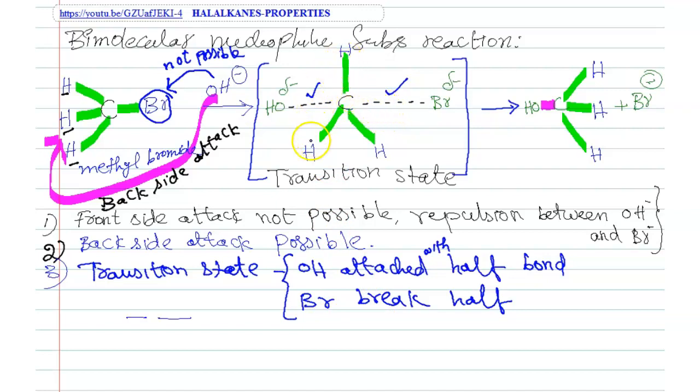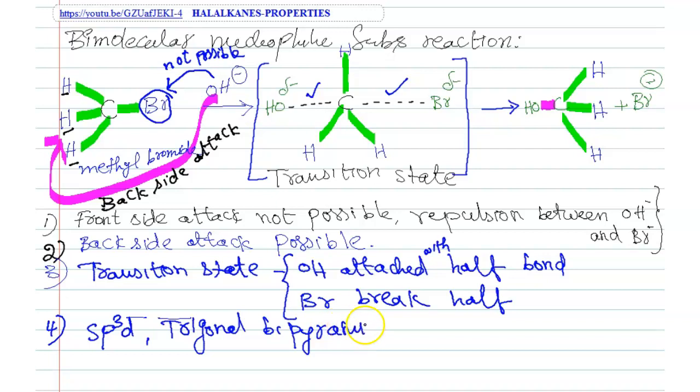Actually this transition state is in sp3d hybridization. That means trigonal bipyramidal shape. See that structure, students? Trigonal bipyramidal shape. But the transition state is highly unstable.